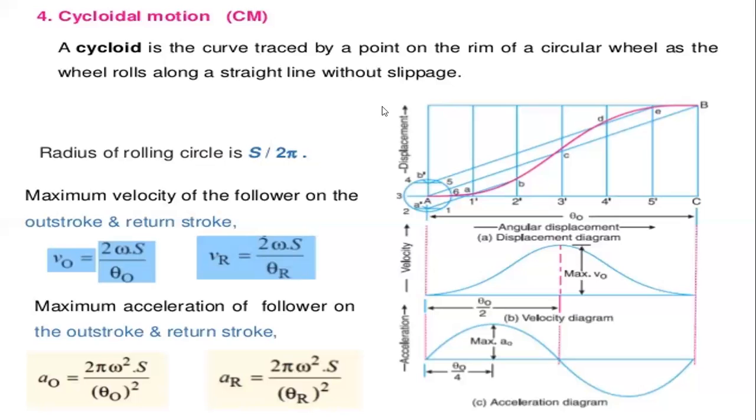It is taken as S by 2 pi, and the maximum velocity of the follower for the outstroke is taken as velocity of O is equal to 2 into omega into S by theta of O. And for the return stroke, it is 2 into omega into S by theta of R. So only the angular position changes.